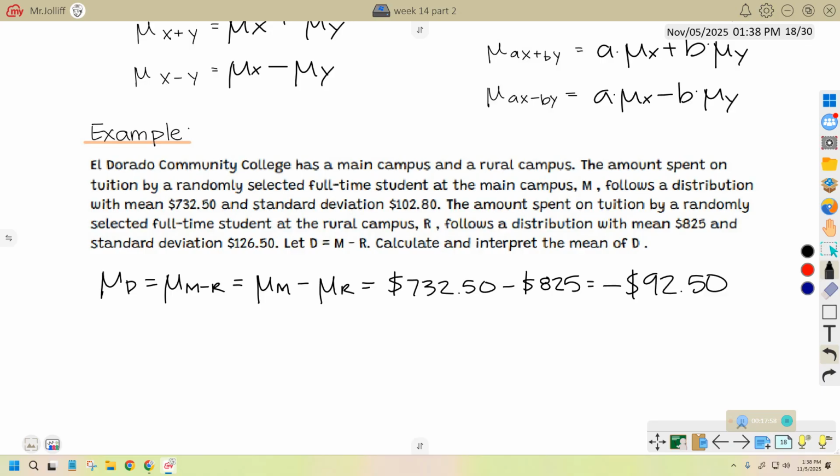Before we interpret, on average, who pays more, the main campus or the rural? The rural. Good. I got a negative answer, so the second number must have been bigger than the first when I subtracted. So rural campus on average is spending more on tuition by that much.